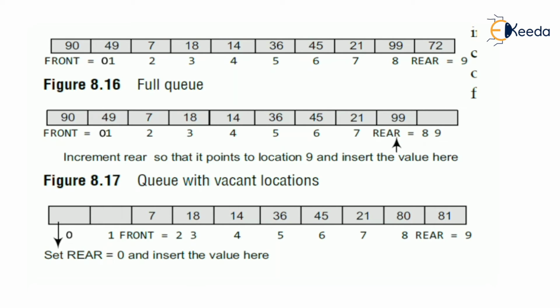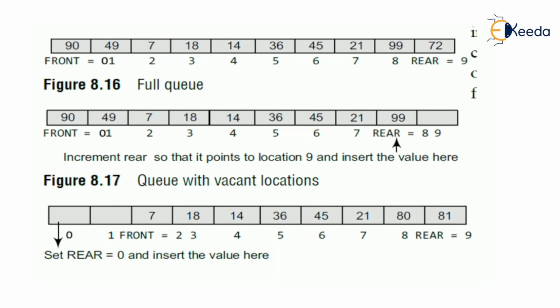And in the third figure, that is figure 8.18, in this figure, front is not equal to 0 and rear is equal to max minus 1. Meaning the rear side is full and the front side is available.